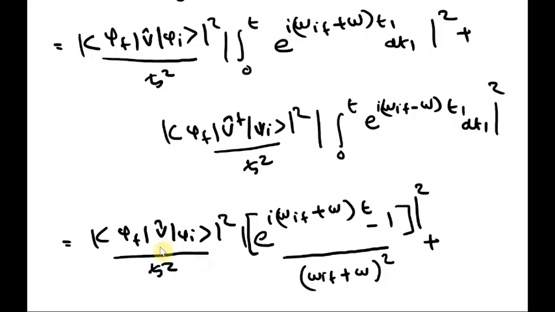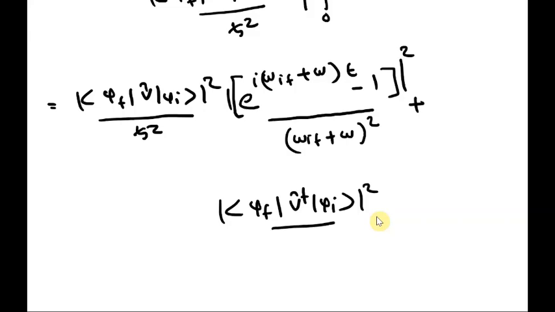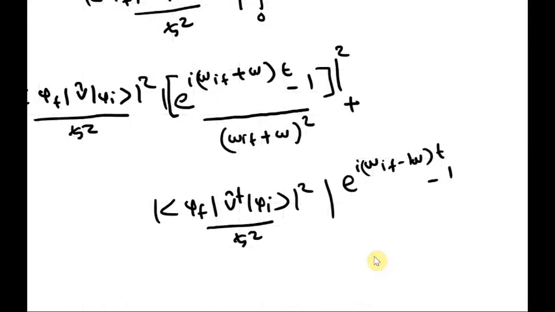The second term is going to be modulus square of psi f, V dagger, psi i divided by h cross square, times e raised to i (omega_if minus omega) t minus 1, square of that, divided by (omega_if minus omega) whole square.